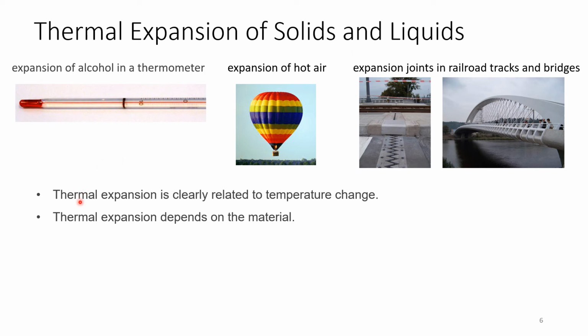First, thermal expansion is clearly related to temperature change. Usually, the greater the temperature change, the more the expansion. Second, it depends on the material. For example, in a thermometer, the expansion of alcohol is much greater than the expansion of the glass containing it.